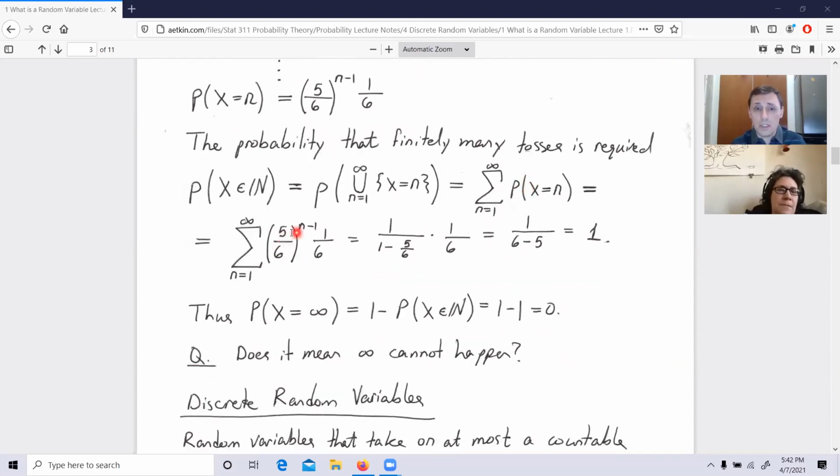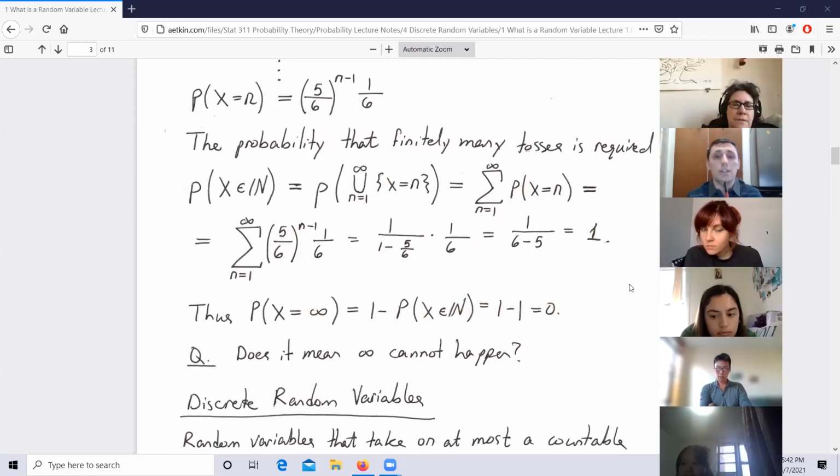And that summation is a geometric series which is equal to 1, which means that the probability that X equals infinity is 1 minus the probability that the game will stop. And that probability is 0. You understand? So the probability that you will never get a 6 as you play it is 0.